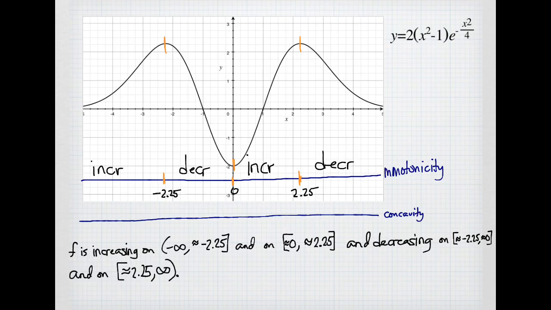As I look at my function, always going from left to right, I can see that my function is bending up. And later I can see that it's bending down. So I need to figure out where it makes the transition from bending up to bending down, and it happens to be some point in here where it switches.